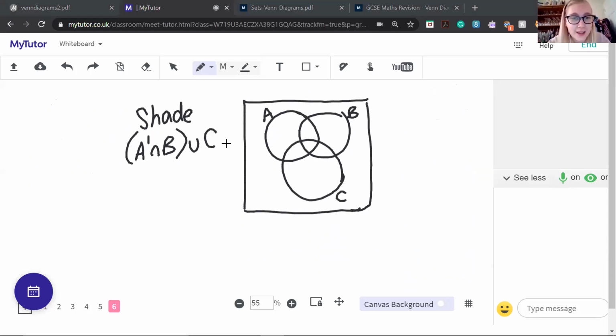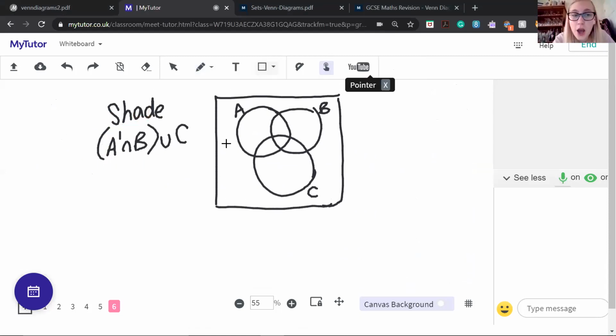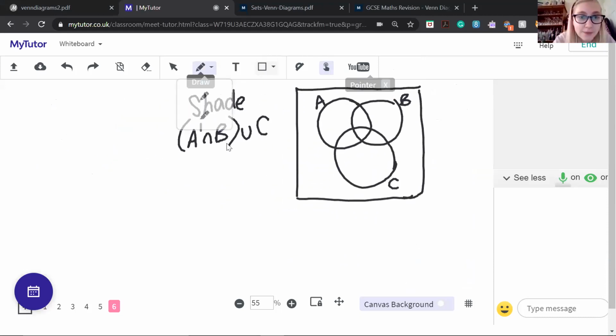What I'm going to do is split this up into 2 bits. Notice how this bit's in brackets, right? We're going to do this bit first.